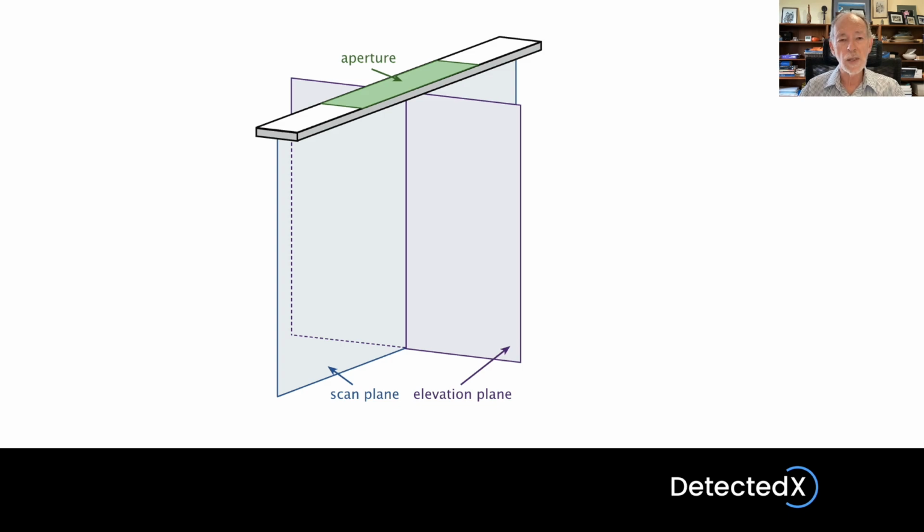And what you can see is that the aperture within the scan plane is much larger than the aperture within the elevation plane, because the transducer is much longer than it is wide. And this is going to affect how well the beam can be focused. The beam can focus pretty well within the scan plane because of the larger aperture. It focuses less well in the elevation plane because of the smaller aperture.